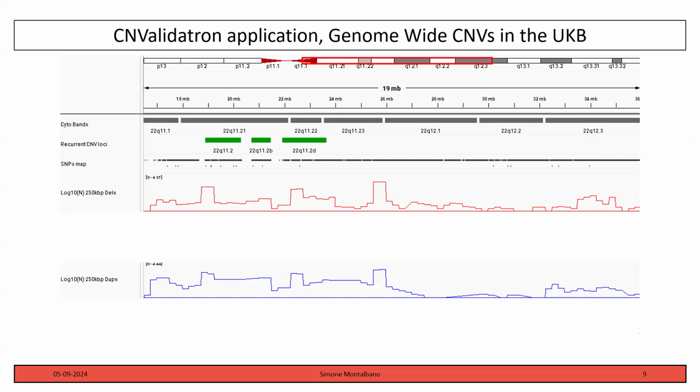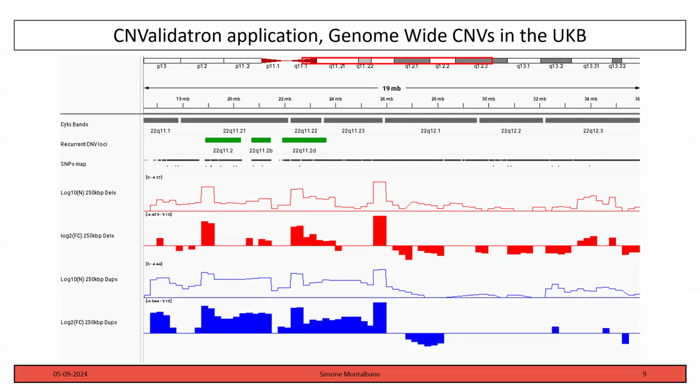We shuffle them around 1,000 times, and then we take the median for each bin, and that builds our baseline. Then we can compare the baseline with the real data, and we compute a log2 fold change and a Fisher test p-value. Here I'm showing the significant hits, deletions in red and duplications in blue.